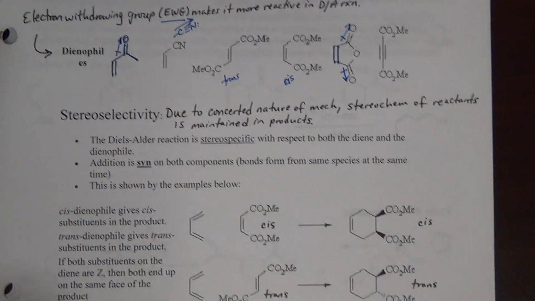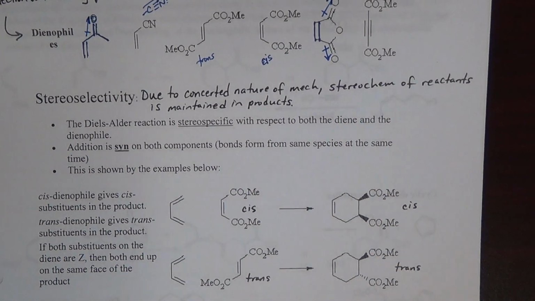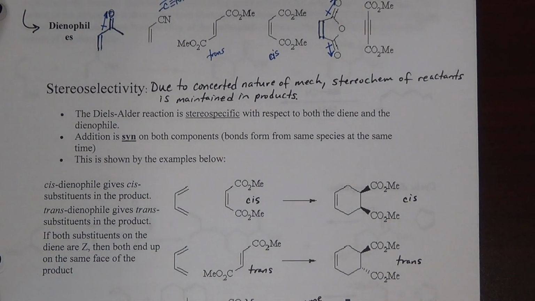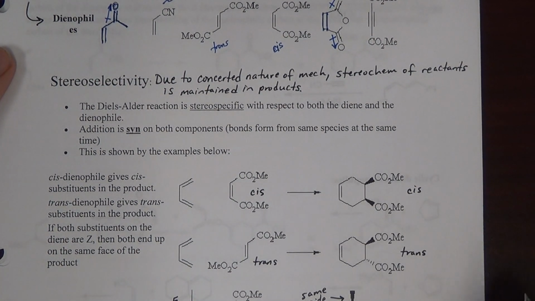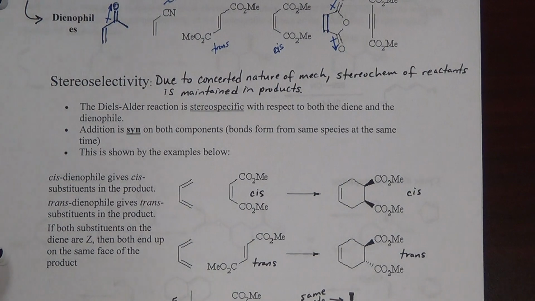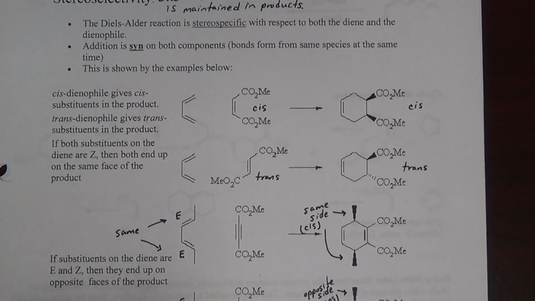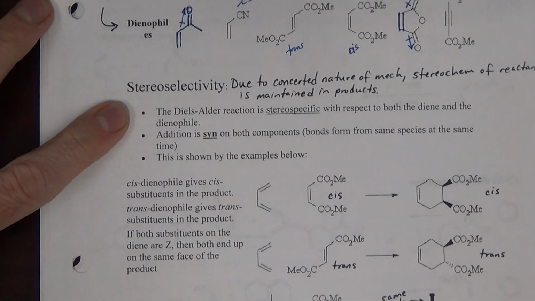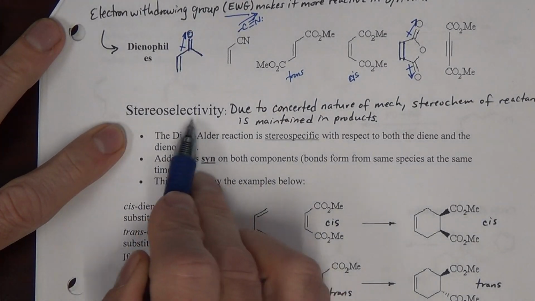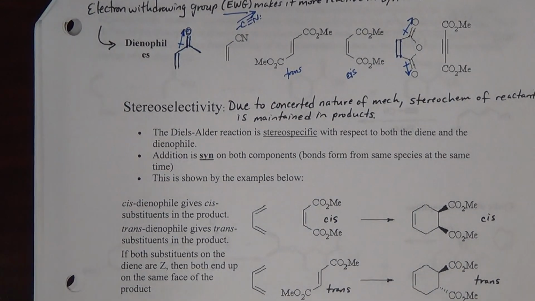Okay, let's advance this a little bit towards more sophisticated compounds, and let's look at some stereochemistry. The Diels-Alder is known to be a very stereoselective reaction because there's no intermediate.